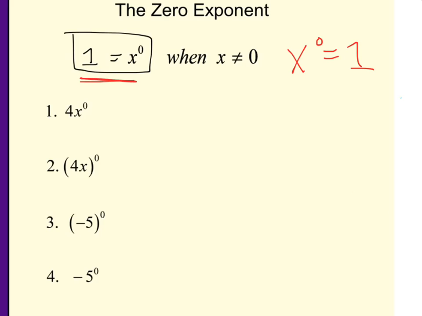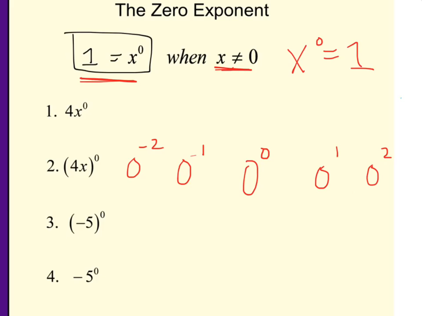Alternately, you could write it this way. But that's whenever x is not 0. There are strange things that happen when 0 is raised to the 0 power, because it's sort of the intersection of two rules. We know that 0 raised to any power is supposed to be 0, right? So all along here, these numbers should be 0.